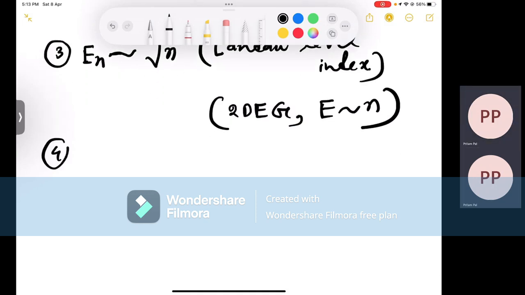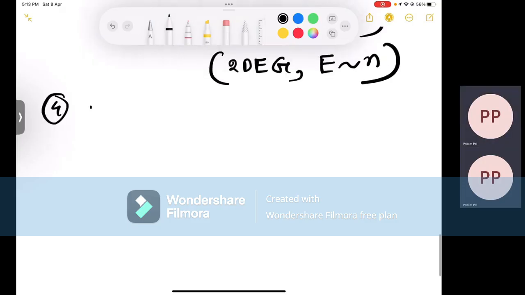The fourth one is nothing but the degeneracy, right?